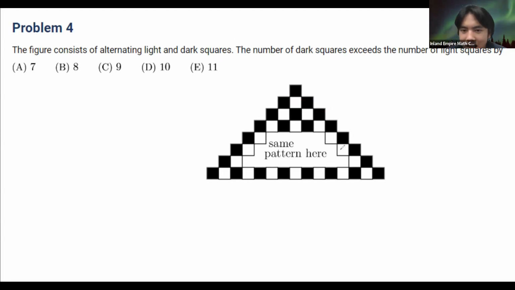If you look at the second row, there's 2 black squares, 1 white square, so there's 1 more black square. The third row, 2 white squares, 3 black squares, so that's 1 more black square. So each row has exactly 1 extra black square. So all you have to do is count the number of rows and multiply by 1, because each row has 1 extra black square. So there's 8 rows, meaning there's 8 extra black squares. So it's B.